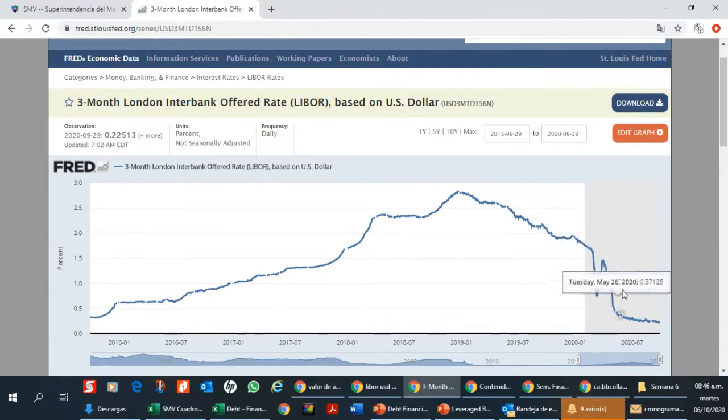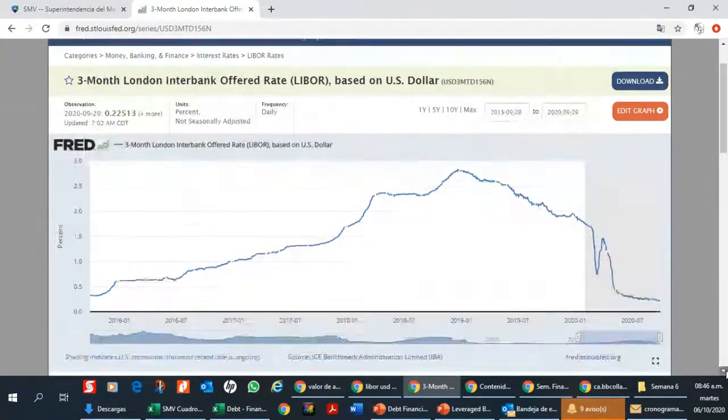And obviously, what you are observing in the past months is a volatility that is related to the quarantine and COVID. The low number that we are observing right now, 0.24, was, sorry, 1 minute, let me shut that down.